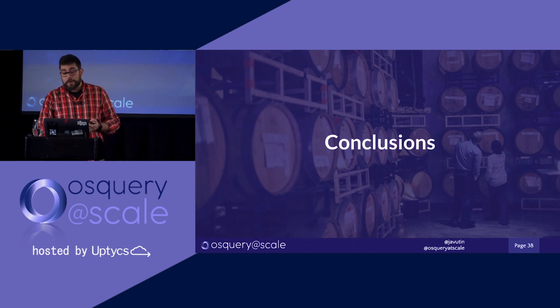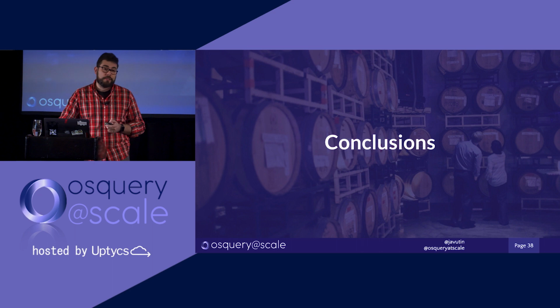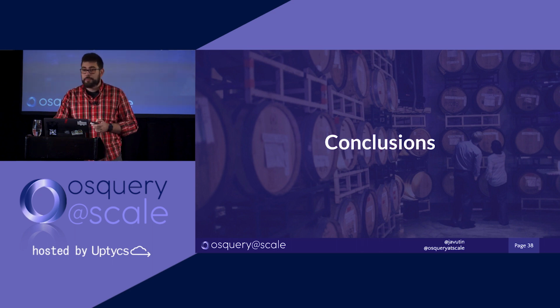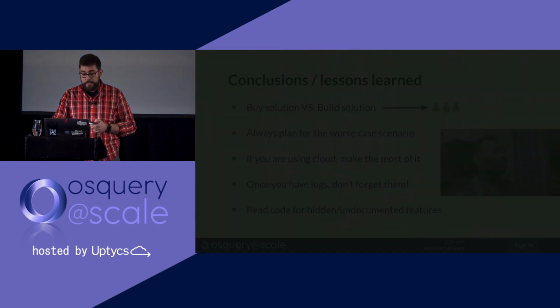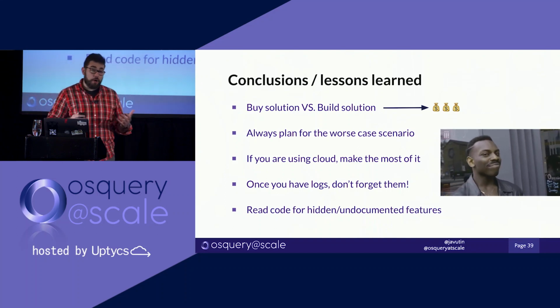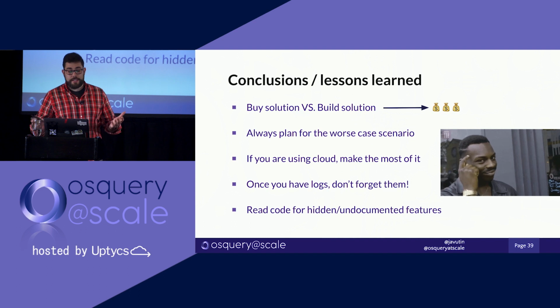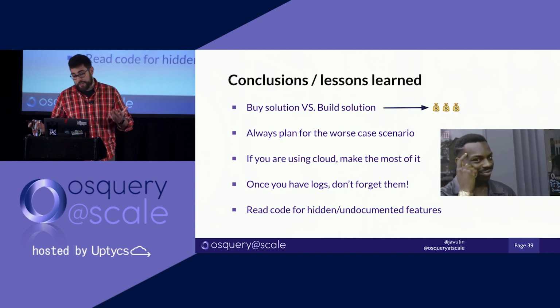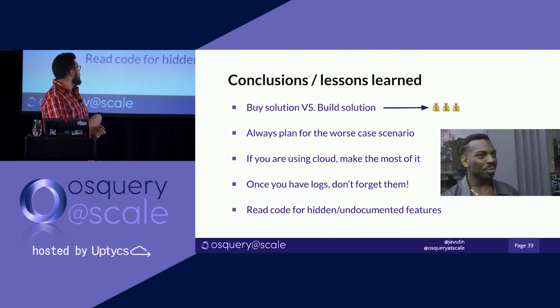So now we're going to see what we learned after these 30-ish minutes of me talking nonstop. Basically, I really like open source, and I dedicated my professional career to it.